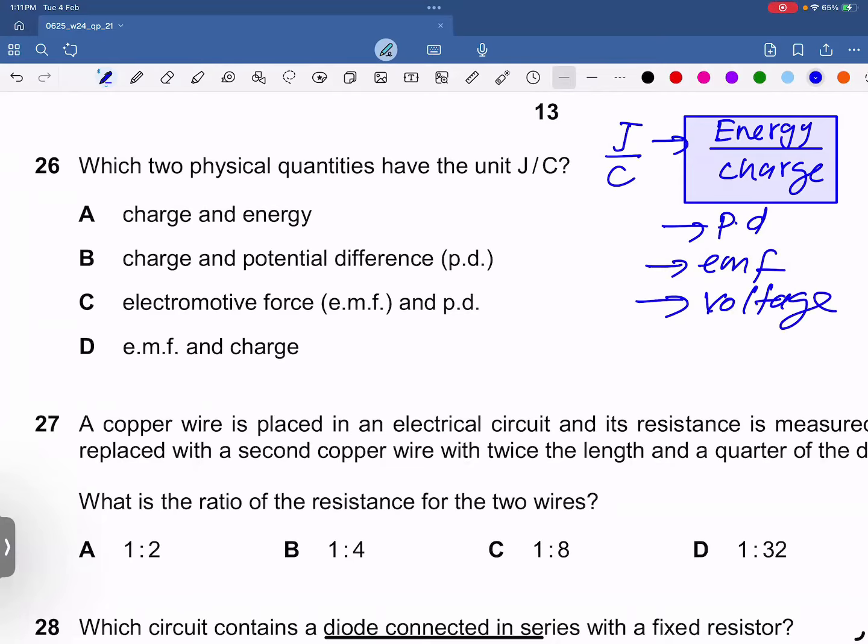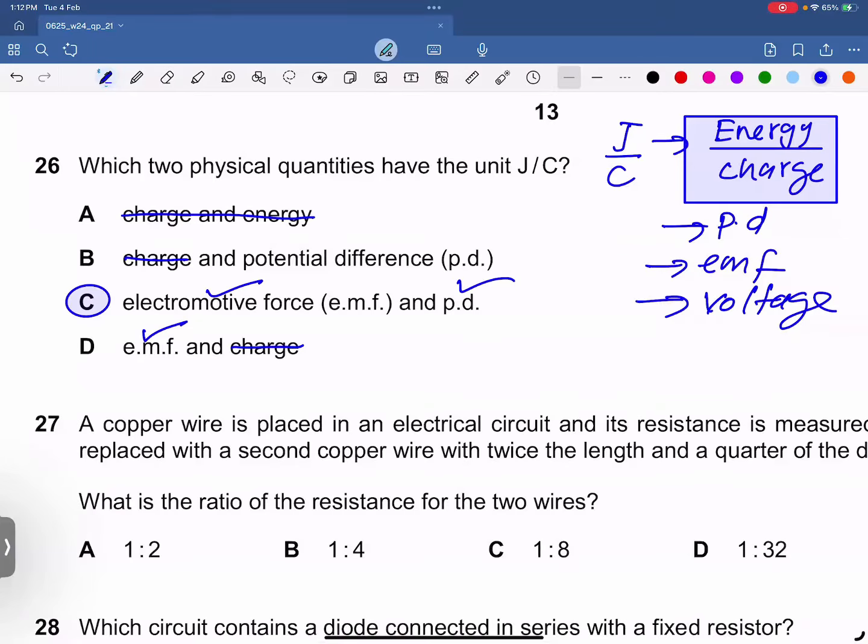So check which option is aligned. Charge and energy, no. Charge and potential difference, no. EMF yes, PD yes, option C. So this is the unit for EMF and potential difference, option C.